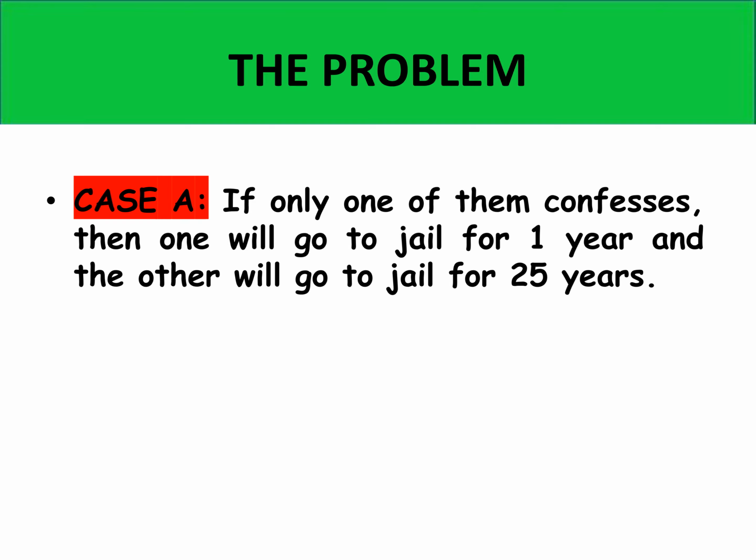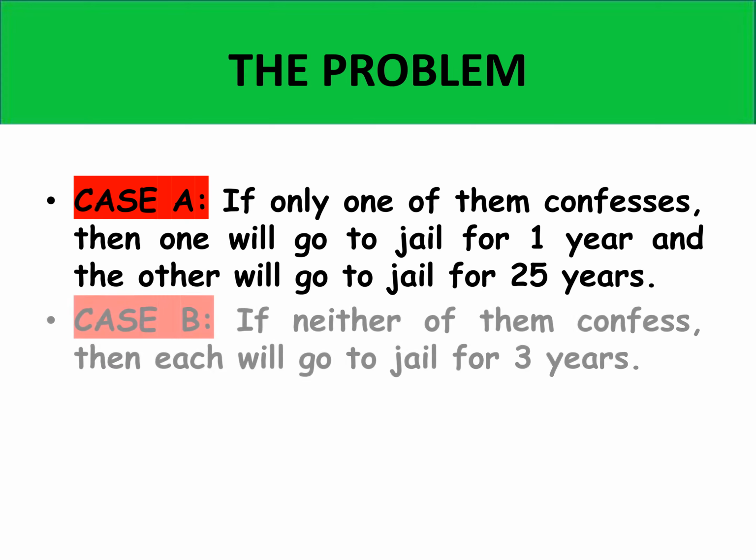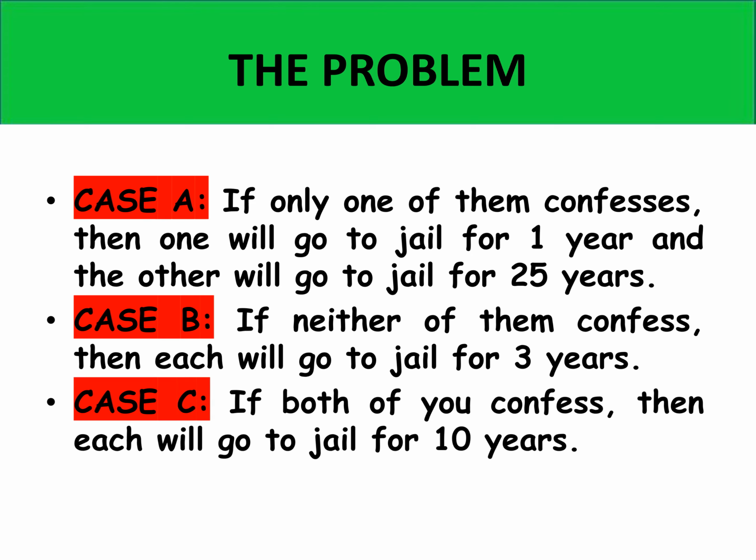The first case is if only one of them confesses, the one who confesses goes to jail for 1 year, and the other who doesn't confess will go to jail for 25 years. The second case is when neither of them confess, then each of them will go to jail for 3 years. And the last case is if both of the suspects confess, then each of them will go to jail for 10 years.